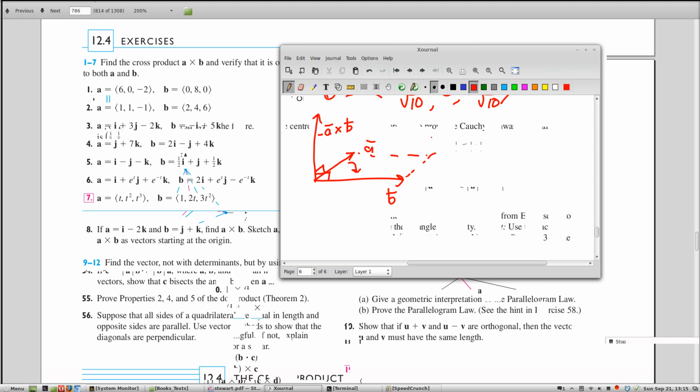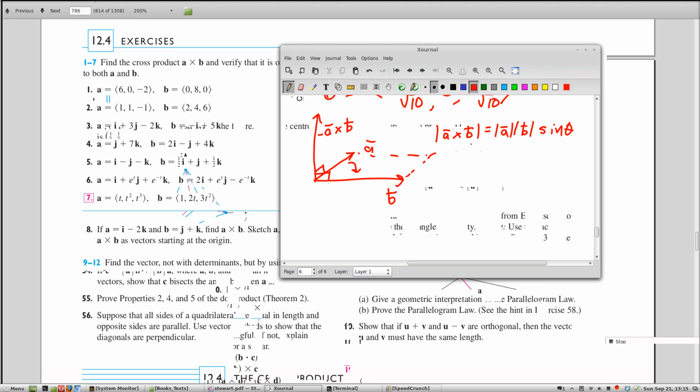Now, the important thing about the cross product is that its magnitude is the area of the parallelogram, and also if you just do some geometry, this turns out to be the magnitude of A times the magnitude of B times sine of the angle between the two.